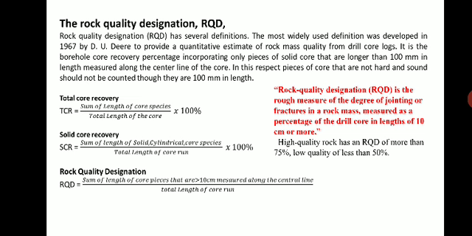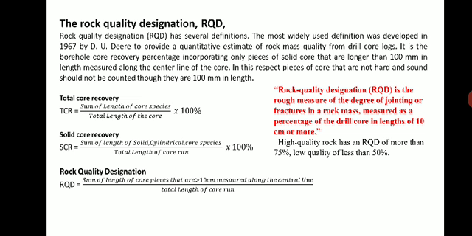It is a rough measure of the degree of jointing or fractures present in the rock mass, measured as a percentage of the drill core in lengths of 10 centimeters or more. Another definition for RQD is that if a piece is more than 100 mm or 10 centimeters, then only we consider that length.